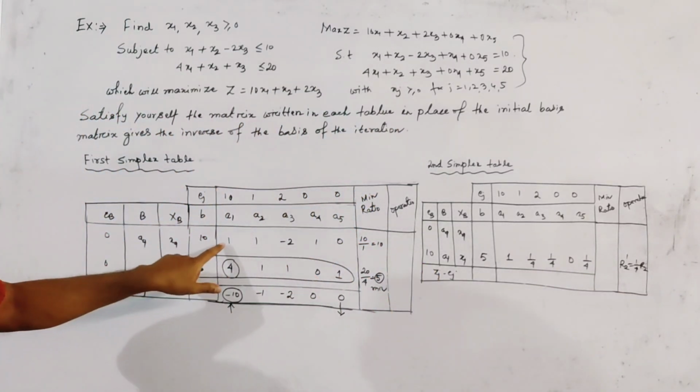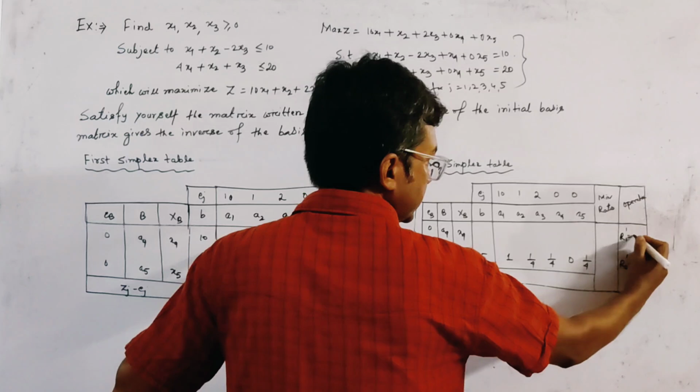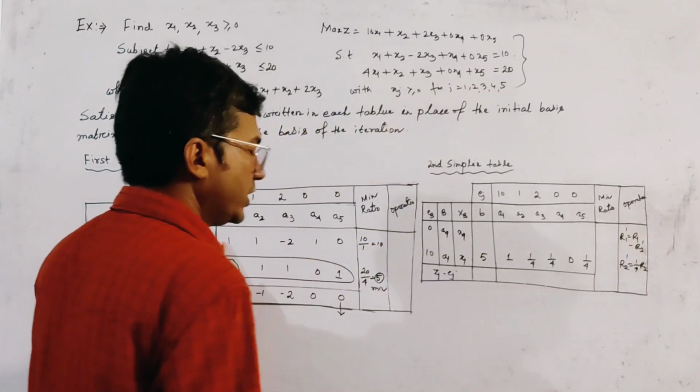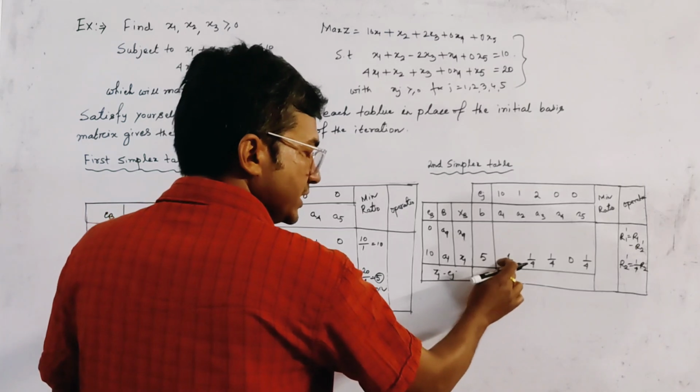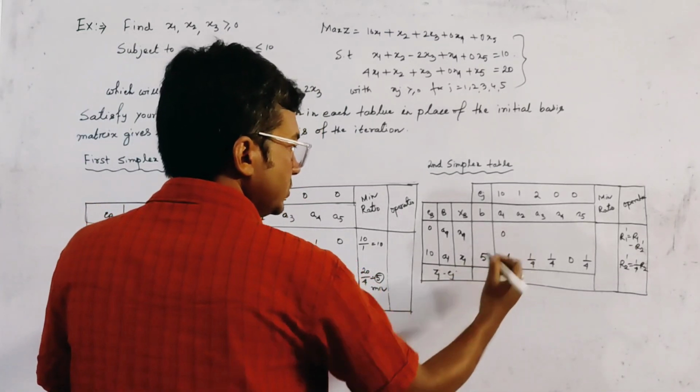Now to make it 0, we perform the operation R1 dash equals R1 minus R2 dash, because new R2 is 1 and old R1 is 1, so this is 0.